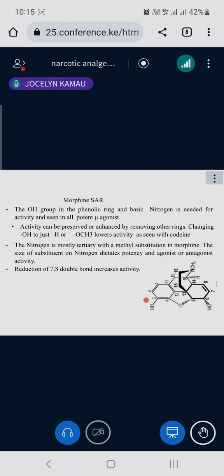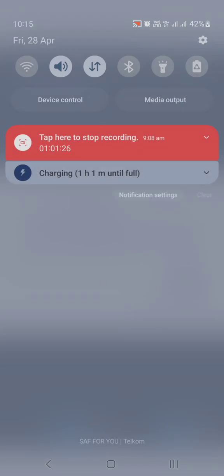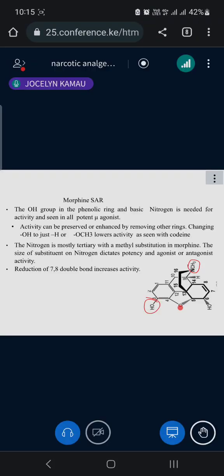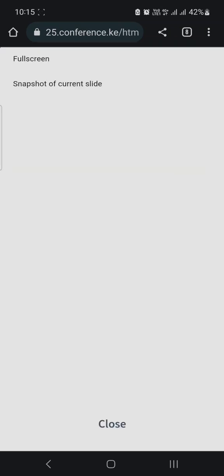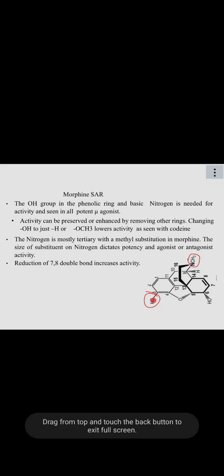So that hydroxyl group and that terminal nitrogen are indeed necessary for the activity of morphine. Even when we look at most of the other drugs, there could be one exception or so, but you will see that most of the drugs that have good activity do have the hydroxyl group and the terminal nitrogen.